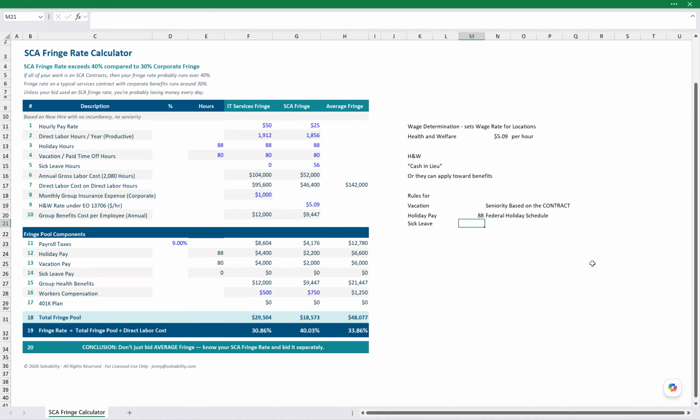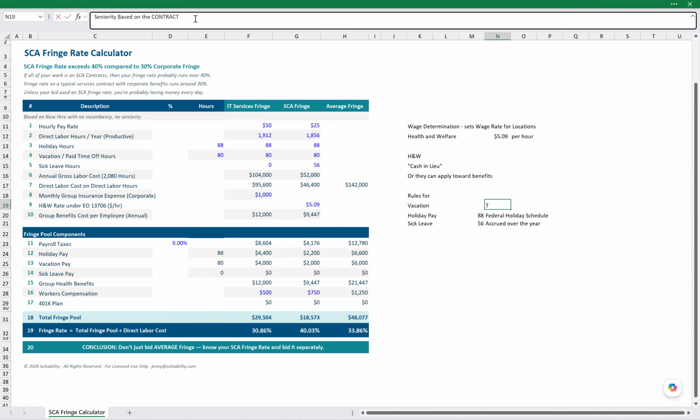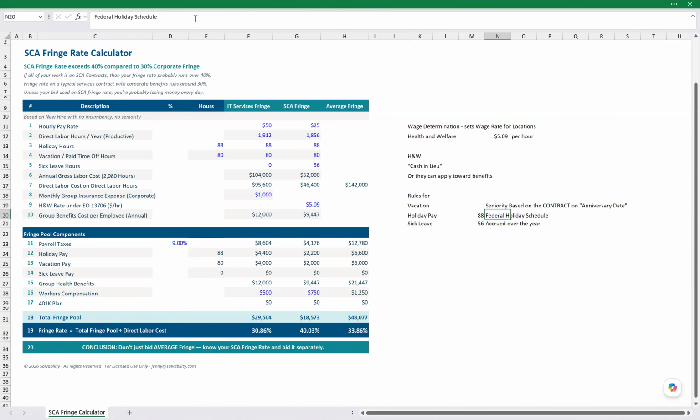It accrues over the course of the year. So the accrual is a gradual accrual, which is an important distinction from SCA vacation. SCA vacation vests on the anniversary date with the contractor. So technically, when a contractor wins a contract and hires the employees, even if they've hired employees that have decades of experience on the contract, the vesting of that doesn't occur until that first anniversary date when it rolls around.